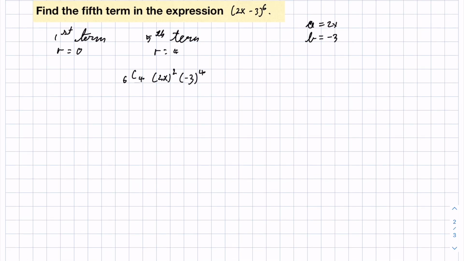So if we solve this out, 6 choose 4 is 15, and (2x) squared is 4x squared, and then negative 3 to the 4th power is 81. If you multiply it out, it'll be 4,860x squared. So this is the fifth term of this expansion.